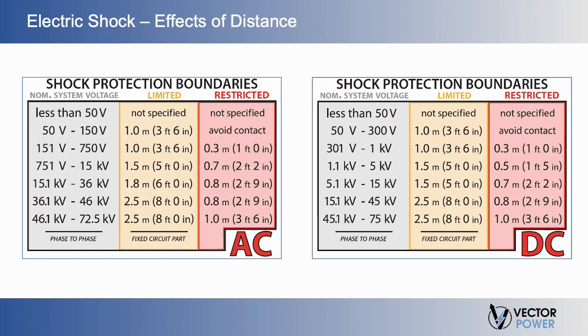These boundaries, as used in the NFPA 70E, establish safe distances and awareness when working around energized circuits or circuit parts. They can also assist us in establishing a safe test area when we apply test voltages to equipment.